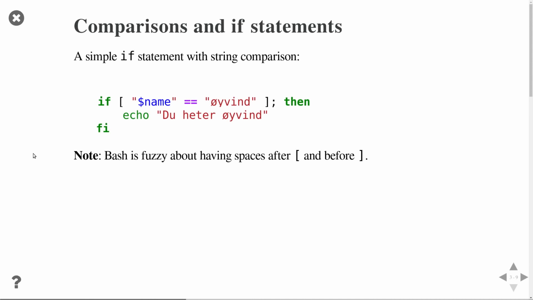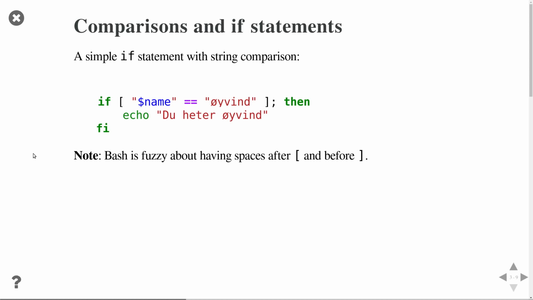If statements are often useful, and here's the syntax of them. Essentially, here we're doing a string comparison of a variable called name and the string Irvin. And if that's true, if these two strings are equal, then I print out the header Irvin.